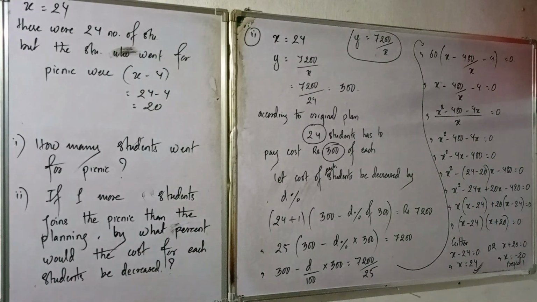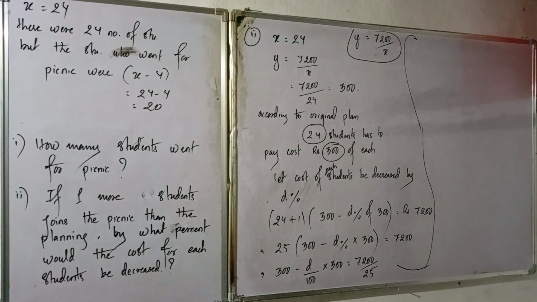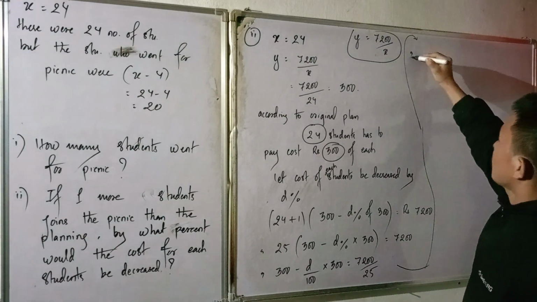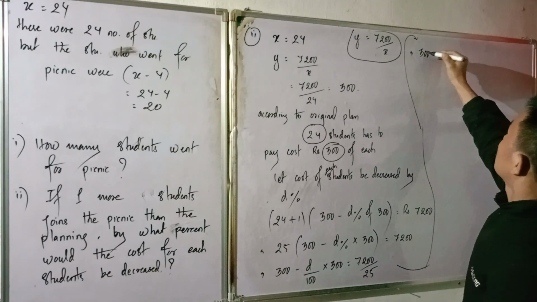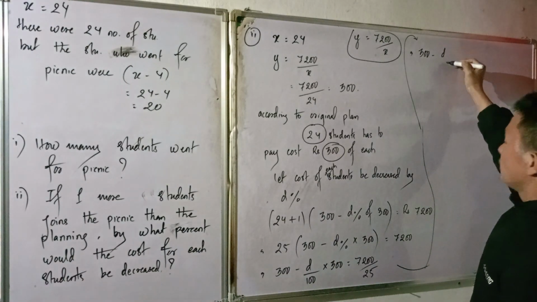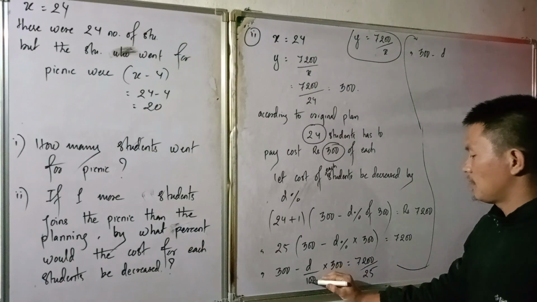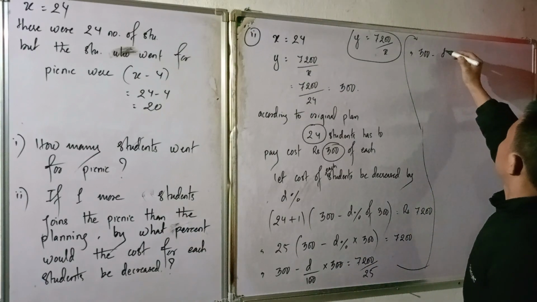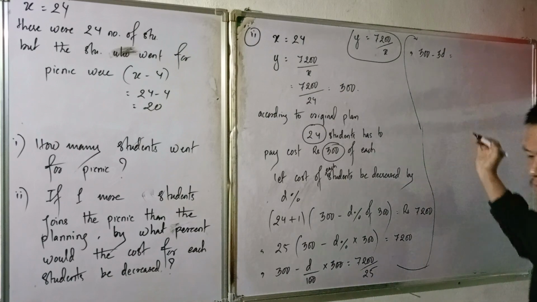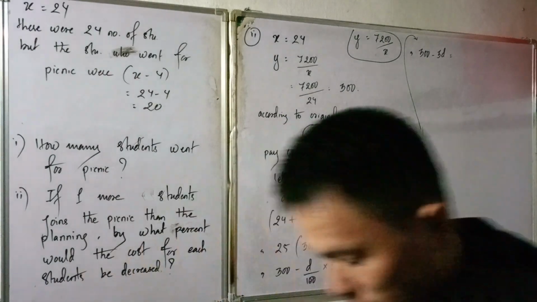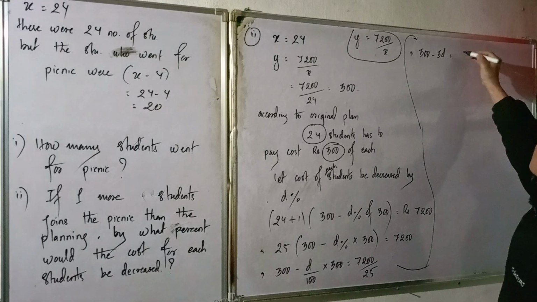Now let's further simplify. This becomes 300 minus 3d, this 0 cuts, and it becomes 3d. 300 minus 3d equals 7200 divided by 25. How much is that? 7200 divided by 25 becomes 288.